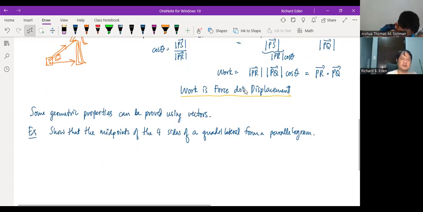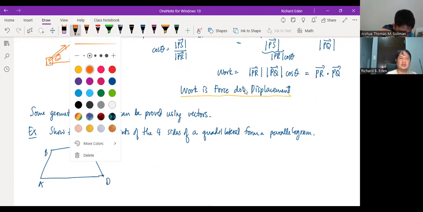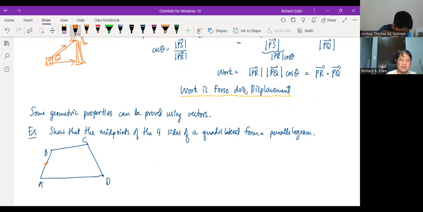Okay, so for example, we have A, and then B, and then C, and then D. Then when you take the midpoints, they would be the following. And we want to show that they actually form a parallelogram. And my illustration seems to support that we do have a parallelogram.